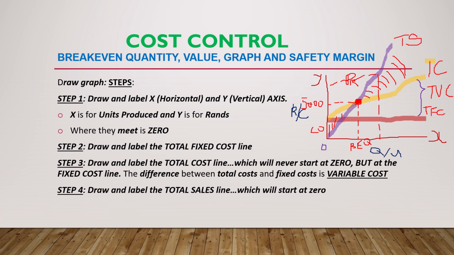Let's say we receive 10,000. Okay, because we have sold 21,000.